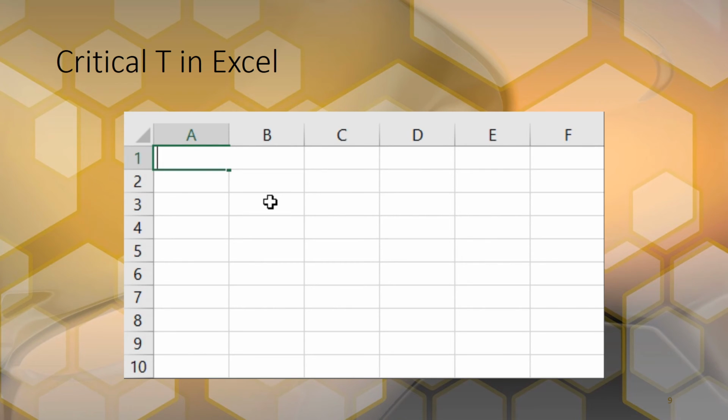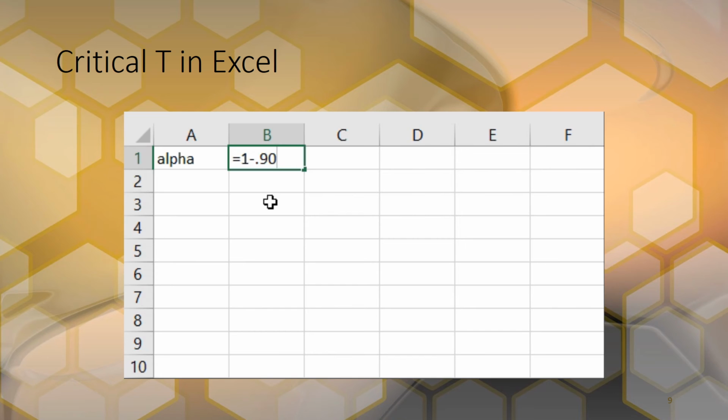So alpha is going to be 1 minus your confidence level in proportion form. So we have a 90% confidence interval. So we're going to do 1 minus 0.90 because it's 90%.